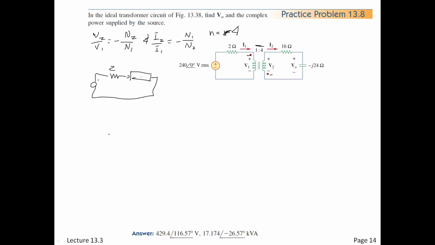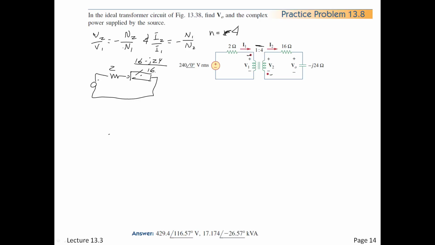We'll go back to this. So this in here is this load, 16 minus j24. So where we've got this thing is 16 minus j24 over what? 16. 4 squared. Okay, n is 4, output to input.